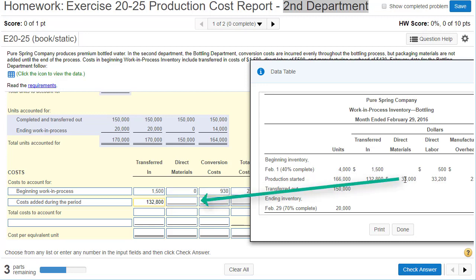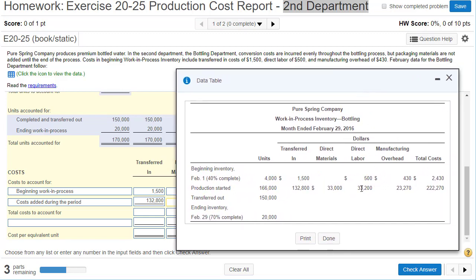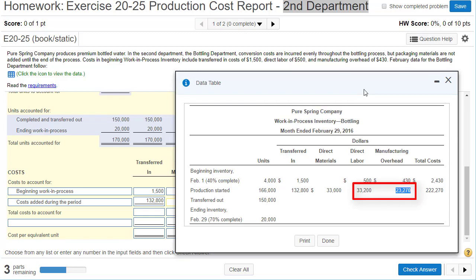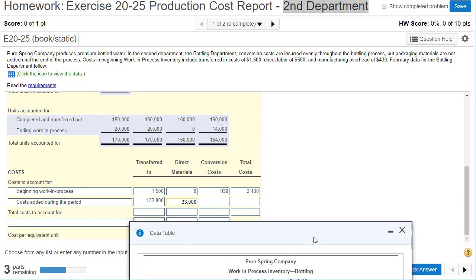And then the direct materials that we've added to them, which is the bottle for the bottling department, are $33,000. And the direct labor and manufacturing overhead, those comprise conversion costs. So we need to add those up. These two added up are $56,470.